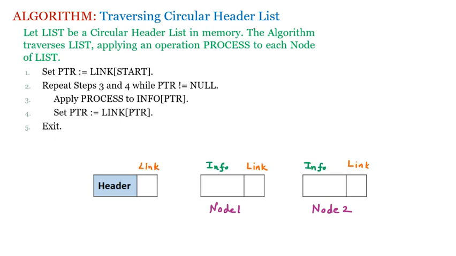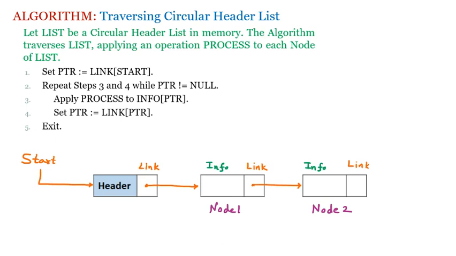Now this link is a pointer. The header's link part is a pointer pointing to the address of the first node. The link part of node 1 is pointing to the address of node 2. As it is a circular header linked list, the last link will be pointing back to the header. But before that we put a start pointer, which will point to the first node, which is the header.